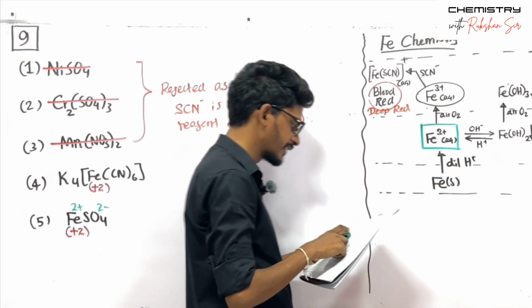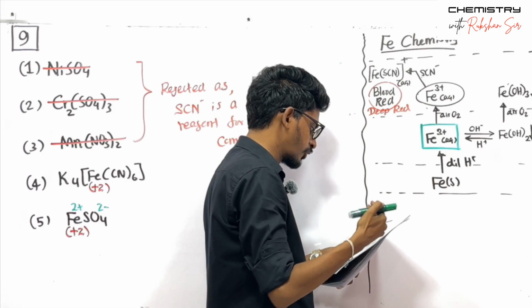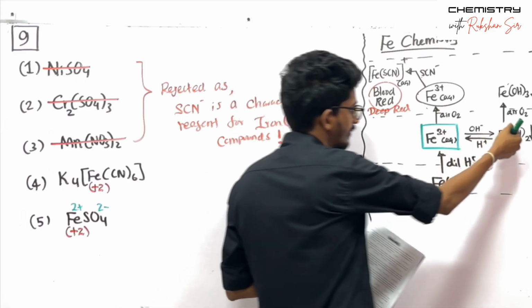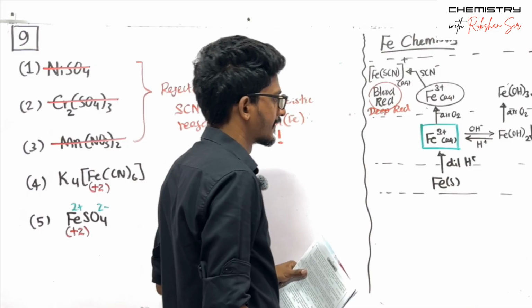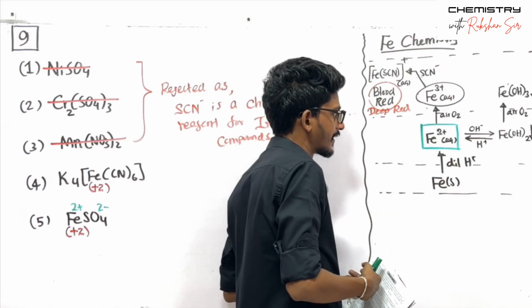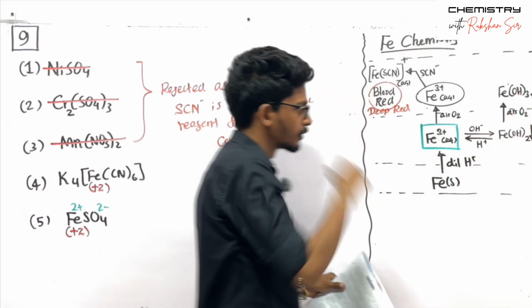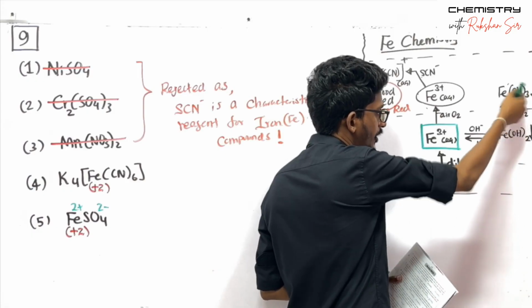Then they are saying it was allowed to react with NH4OH, NH4Cl for several minutes. Several minutes means some time was allowed for air oxidation. So that converted to FeOH3.